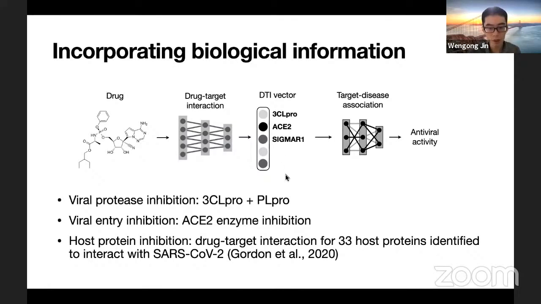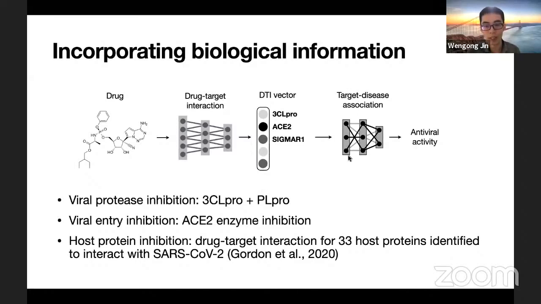In total, we have 2 viral protease and 1 viral entry target, and also around 33 host proteins identified by the Gordon UCSF paper, and we incorporate them into the drug target interaction module. The second module is the target disease association module.